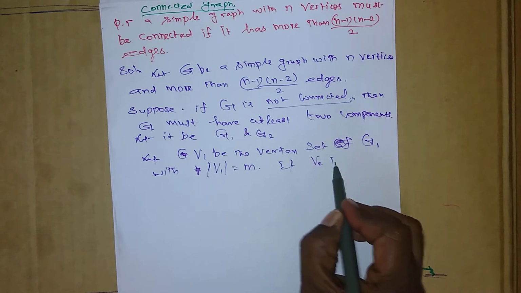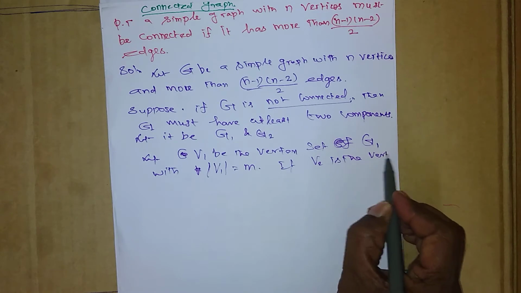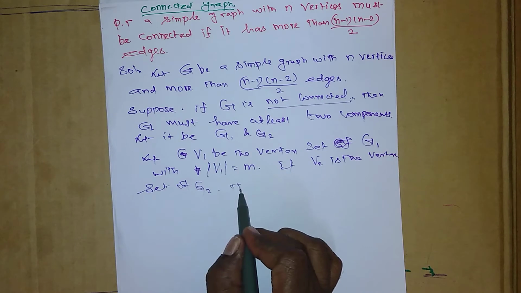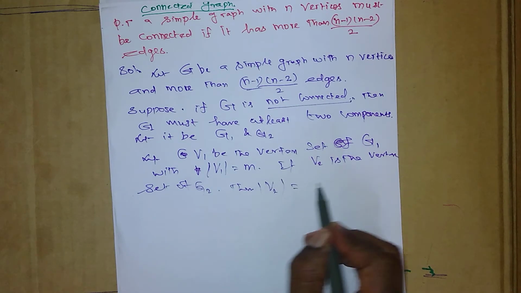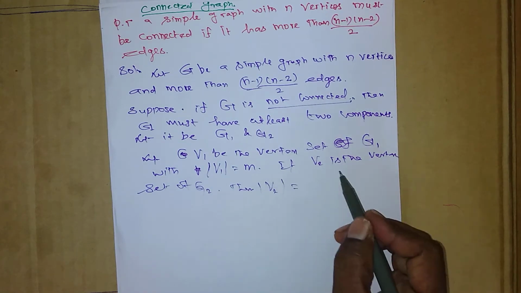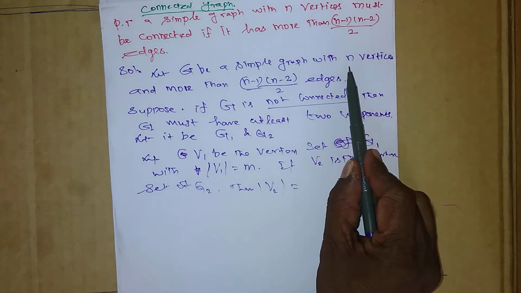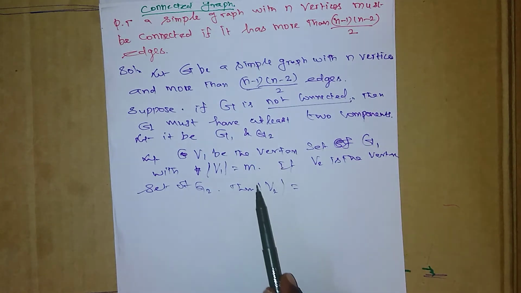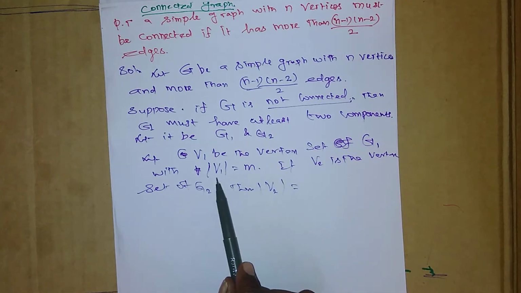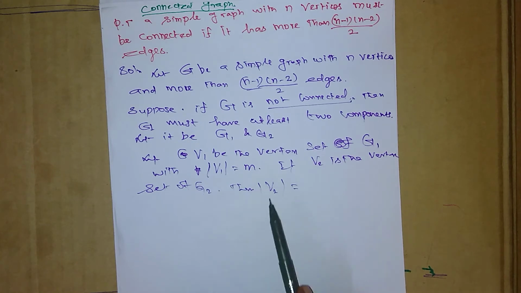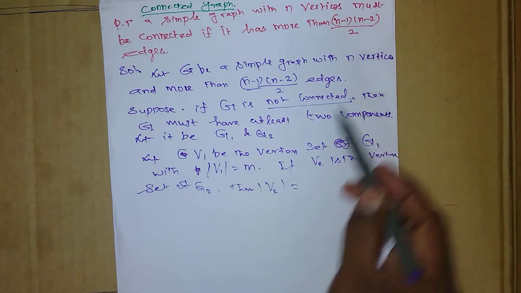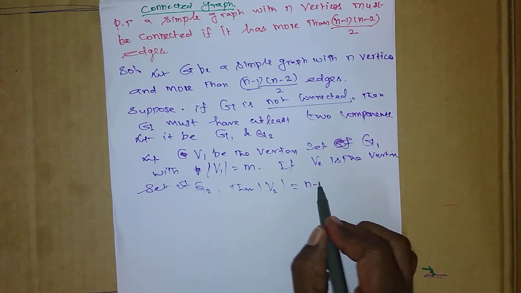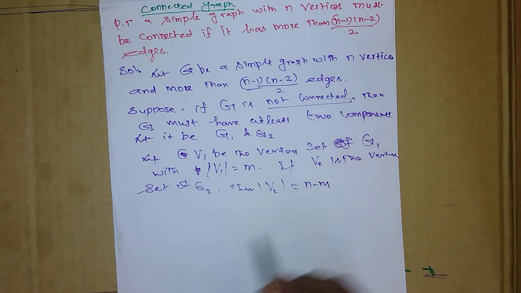If V2 is the vertex set of G2, then totally we have n vertices in G. Therefore, we are taking partially in V1 and remaining in V2. That is totally n, and we are taking m vertices in V1. Therefore, remaining vertices are n minus m vertices.